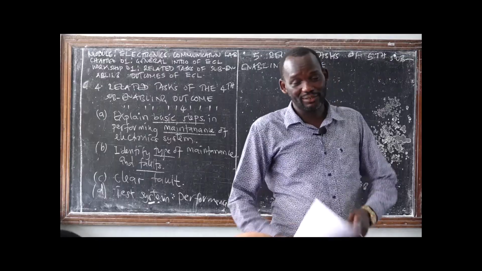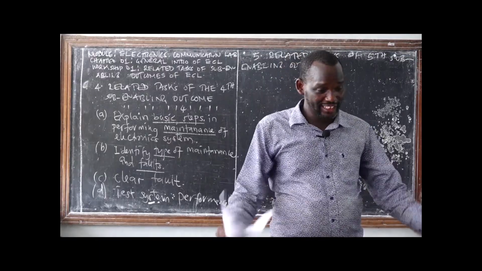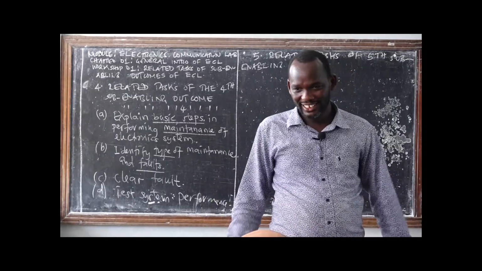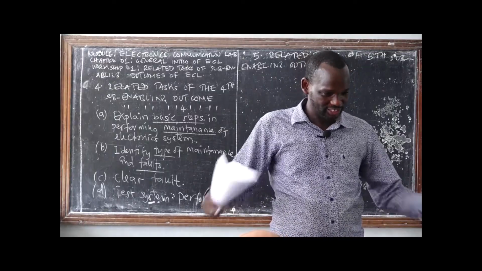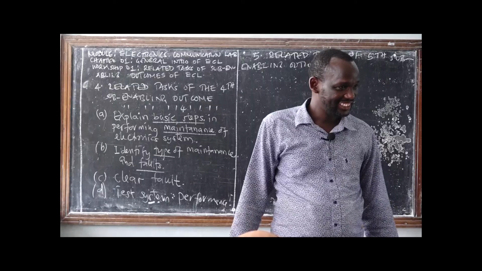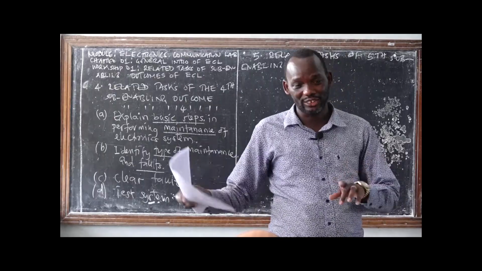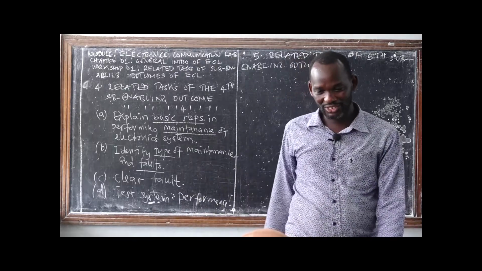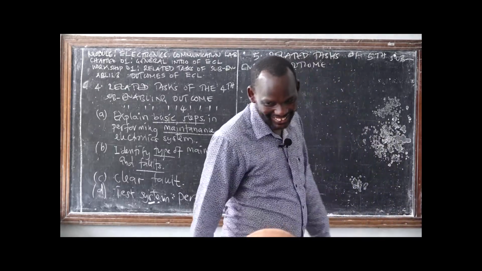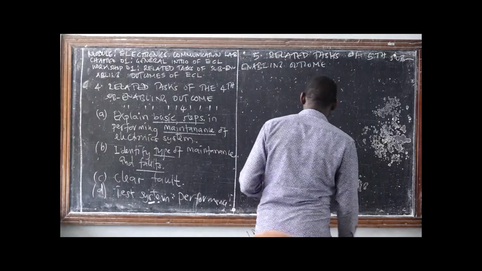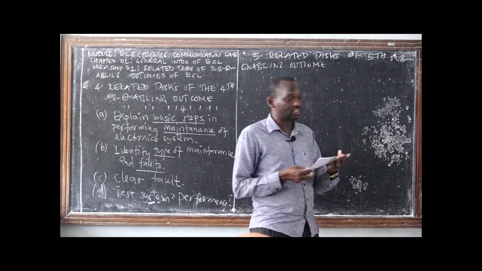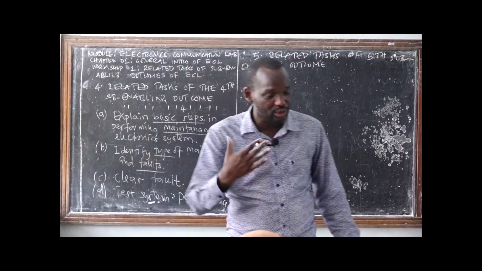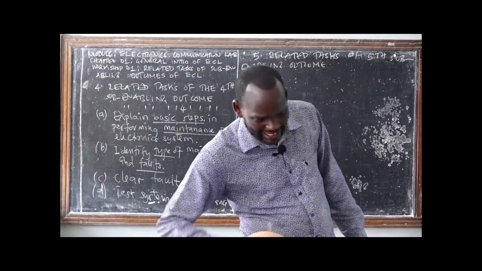I might ask you that question in a test: define sub-enabling outcome. You might think that if the teacher had told me to mention it, I could have mentioned it. Then I ask you the question from another angle: define sub-enabling outcome. What will you say? So in order to make sure that you protect yourself, use this term to ask your neighbor: what is the meaning of sub-enabling outcome?